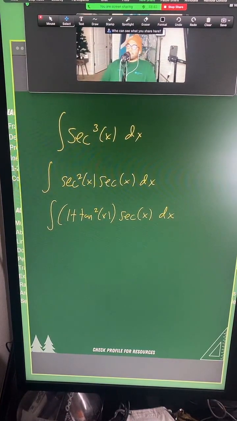Bro, this is exact. Look, I'm not stopping. Okay, so should I distribute this secant x?